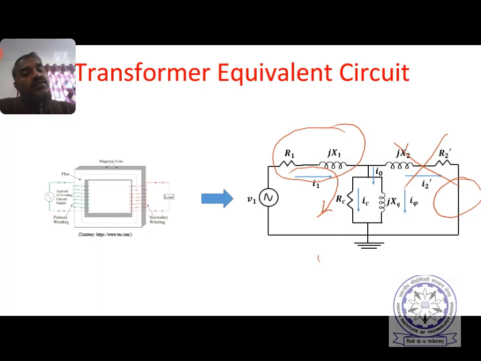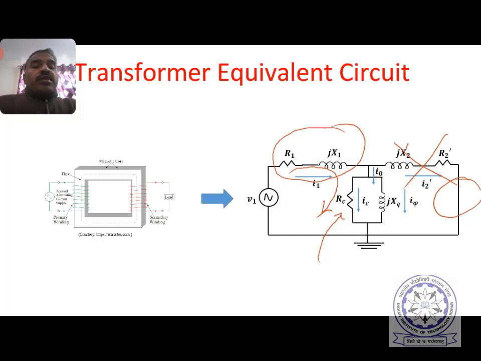What will this Rc represent? Rc is actually not a real resistance. It is a fictitious resistance. It represents the losses in the core, eddy current loss and hysteresis loss. In general, it represents the complete loss under no load conditions.